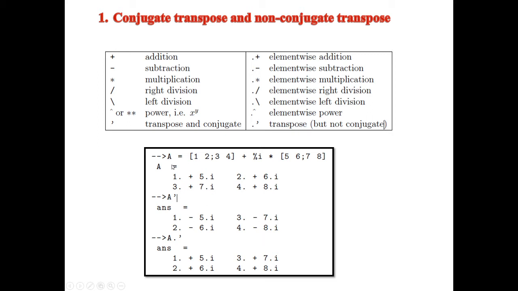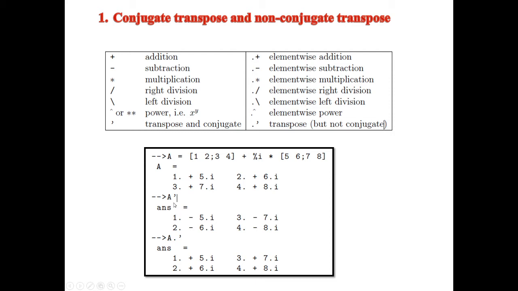See this example. This is the A matrix, which has the values 1, 2, 3, 4. This matrix is going to be added with another matrix with an imaginary number. First you have to look at this operation: 5, 6, 7, 8 is one row, this is another row, which is going to be multiplied with the imaginary number. Then it is going to be added with the matrix A. Clear? So this will be the result. If you have any doubt, type this command and you will get this answer.